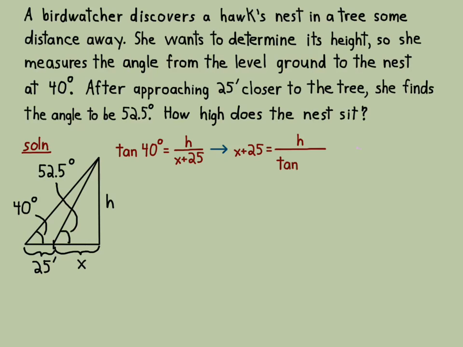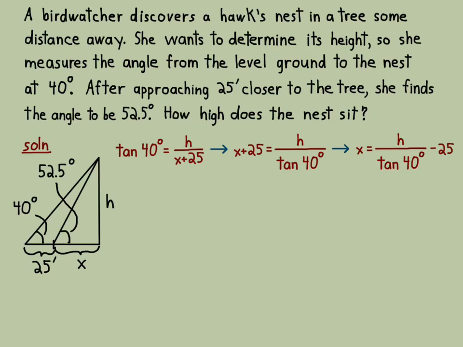That's kind of silly. So I want to solve for h actually, but I think I'm solving for x here. Why? Because I'm going to have another equation with an x in it, and then I can substitute. So that's probably what I'm doing here.